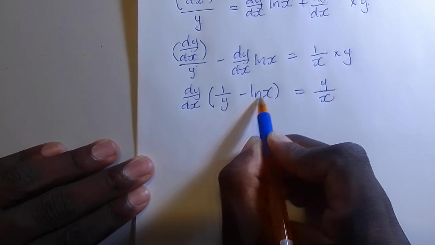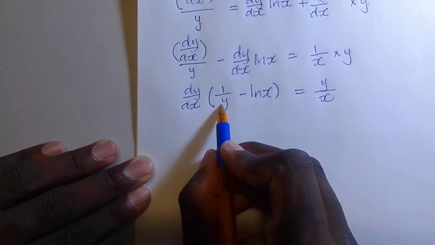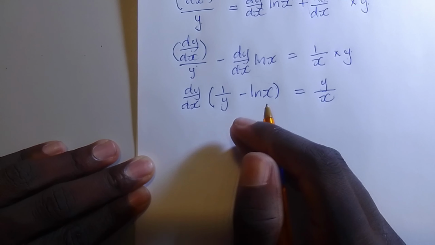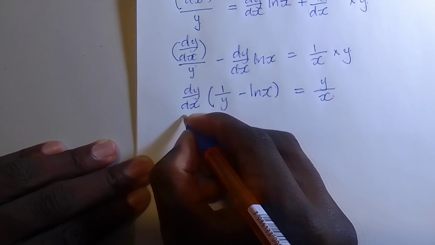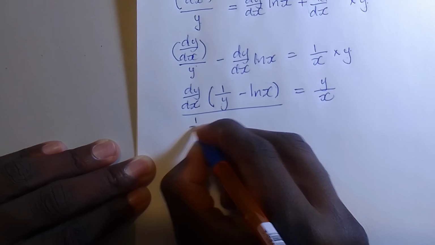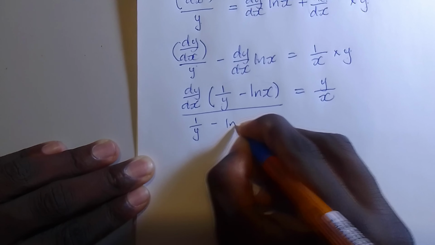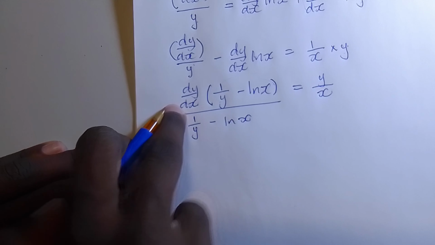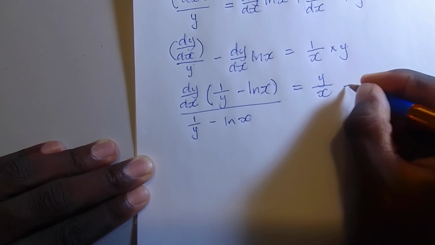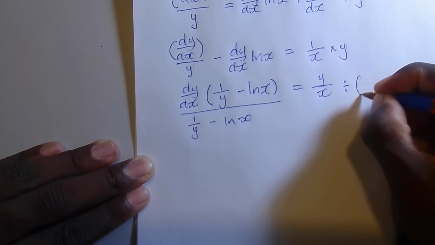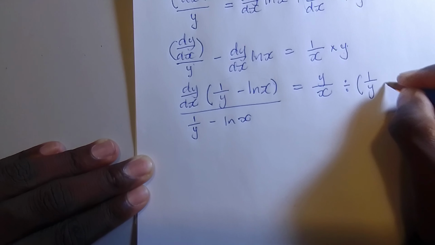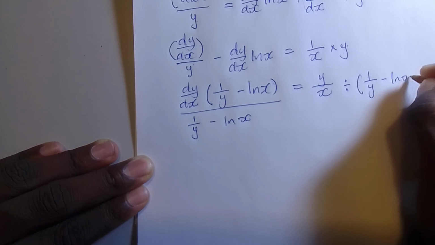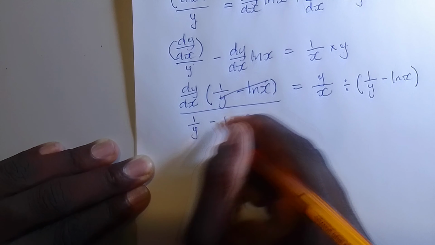Okay, now we just need to divide by this on both sides. If we do that, let's say divide by 1 over y minus ln x, so that we remove it and be left with dy on dx. And then we divide this side again by 1 over y minus ln x. This goes away.